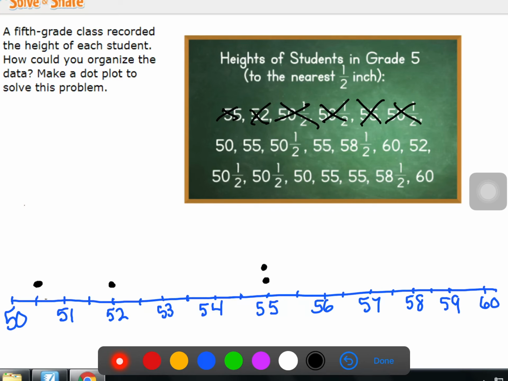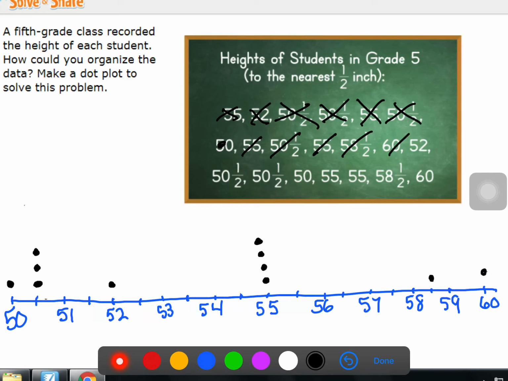I have another 50 and 1/2. 50. 55. 50 and 1/2. Ooh, 50 and 1/2 and 55 are neck and neck. There's another 55. A 58 and 1/2 right here.